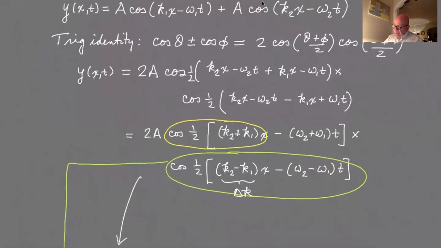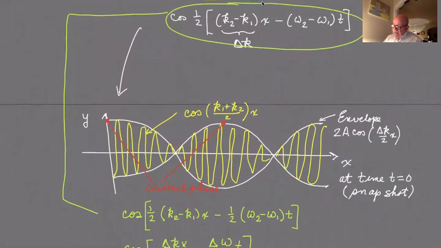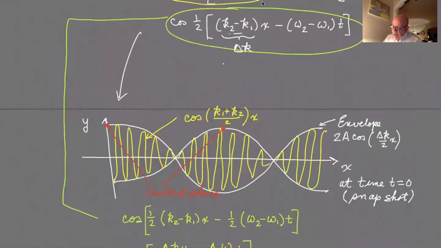Again, looking at the superposition of two waves gives us a broad envelope, which, because the difference between the two k's is small, means the wavelength is going to be large. Remember, k is proportional to 1 over lambda.